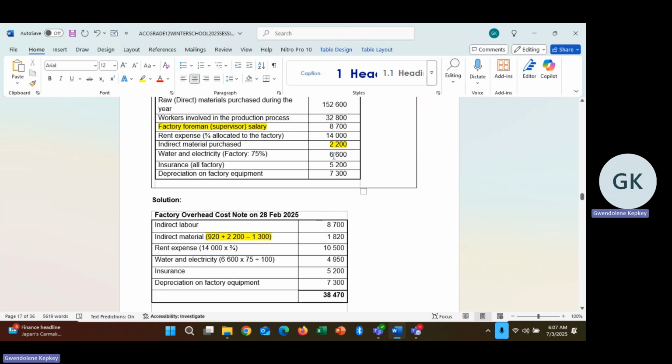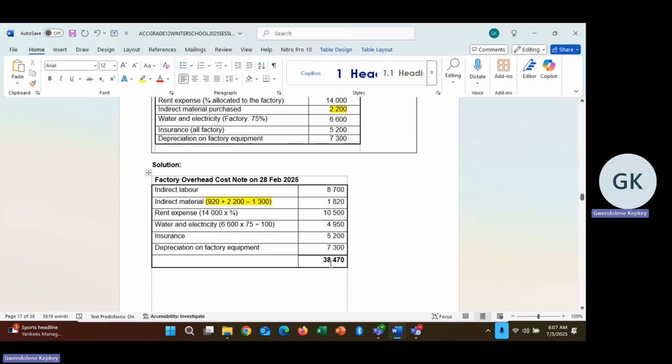So I'll rather change that to 6,600 for this calculation to make sense. Then my insurance I'm taking directly, and my depreciation on my factory is 7,300. If I add all of those amounts together, I should come to 38,470.